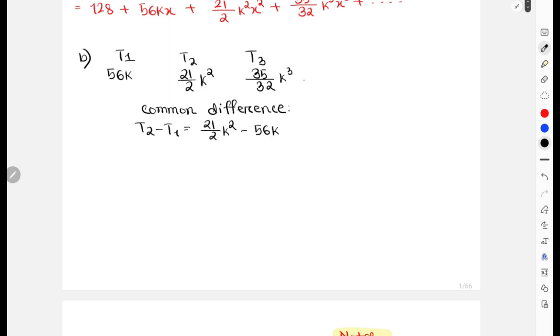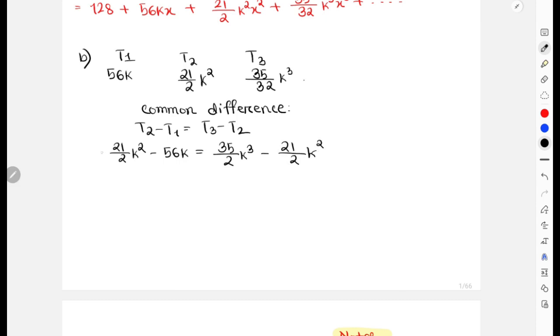That will be entirely equal to T3 minus T2. So T3 minus T2, which is 35 over 2k power 3 minus 21 over 2k square.